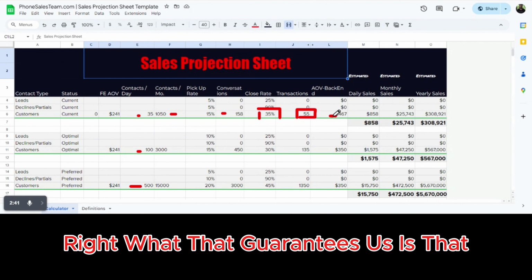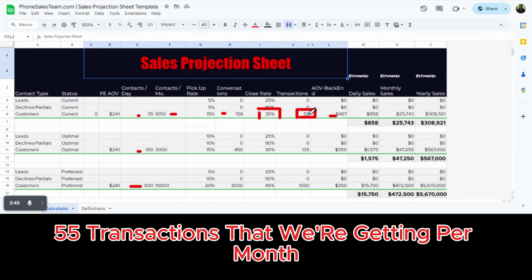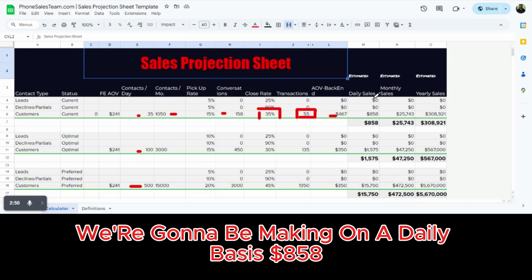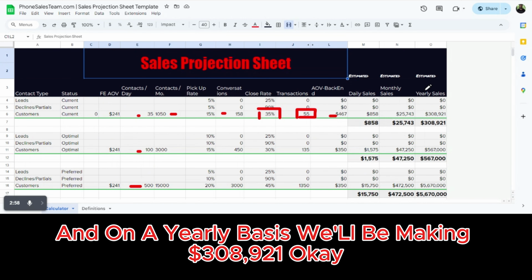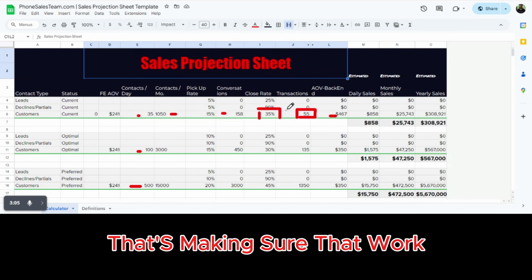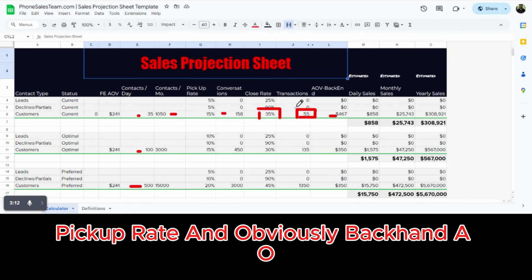What that guarantees us is that out of those 55 transactions that we're getting per month, we're going to be making on a daily basis $858, on a monthly basis $25,743, and on a yearly basis $308,921.